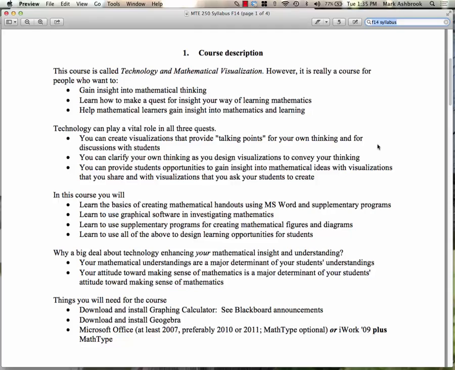Now, what percent of the course is about your future students? Think to yourself, based on this three-bullet description of the course.